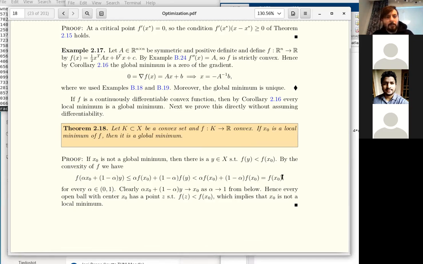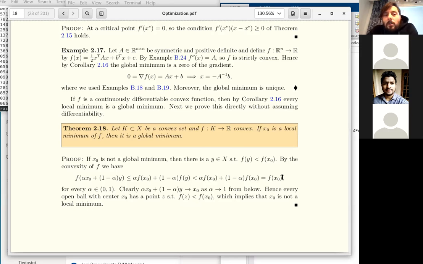Again, we use this alpha instead of lambda. So let's say x0 is a local minimum. We do this with an indirect proof, assuming that it's not a global minimum.